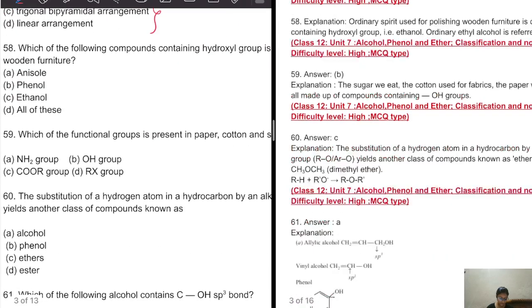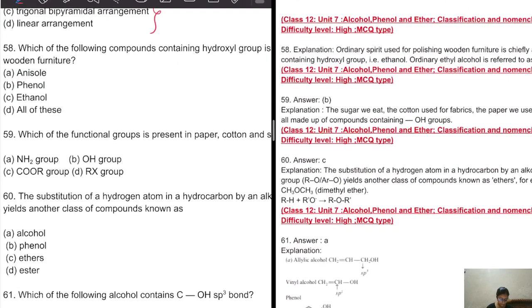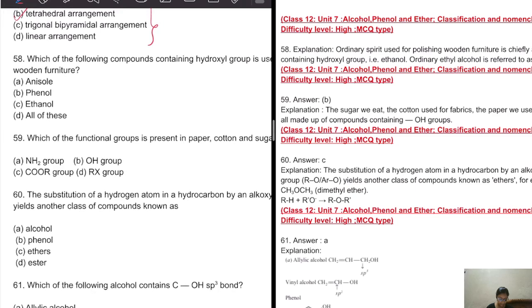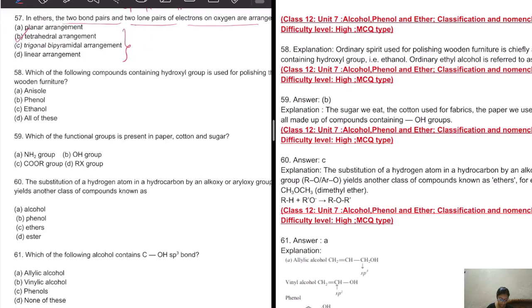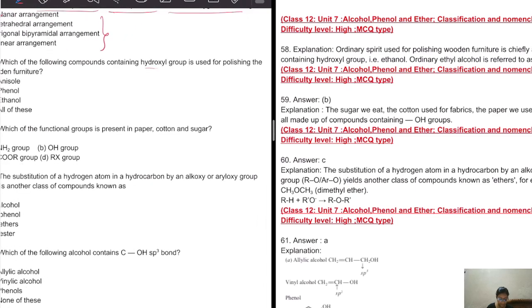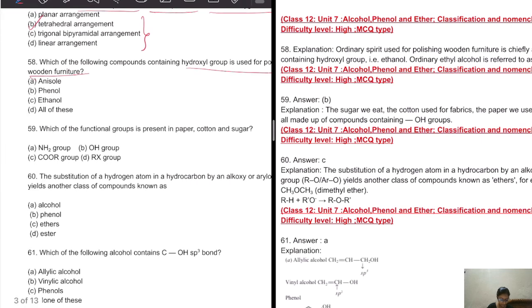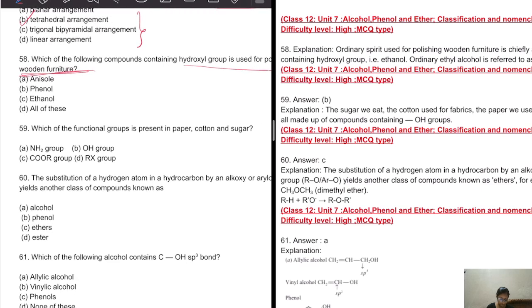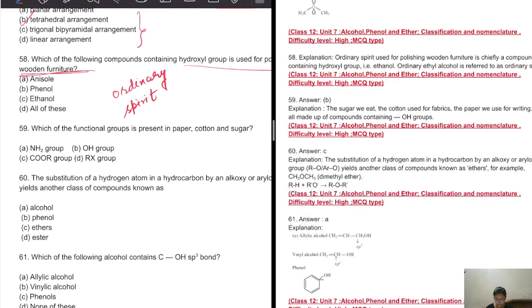Now let's see the next question. Which of the following compounds containing hydroxyl group is used for polishing wooden furniture? What we use is ordinary spirit. Okay. It is used for polishing wooden furniture and it contains hydroxyl group.